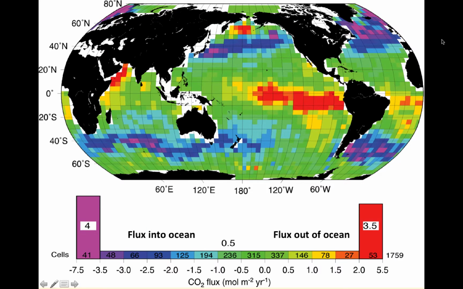Looking at Takahashi's graph a little bit closer, reds here are fluxes out of the ocean. Here we're showing the zone of equatorial upwelling, so that's going to bring CO2-rich water from the depths to the surface. So of course it's going to flux out of the ocean to the atmosphere. Same thing in the subpolar gyre up here by the Aleutians. This is also a nice upwelling zone off the eastern coast of Africa.